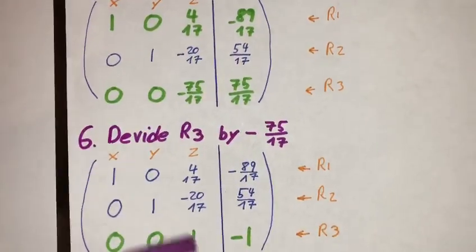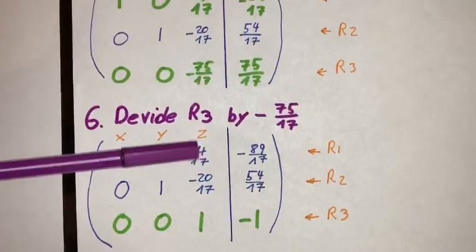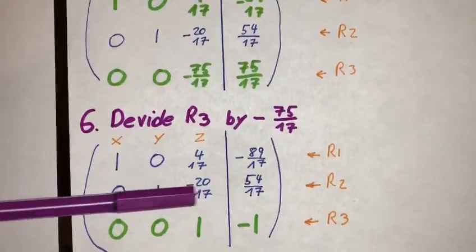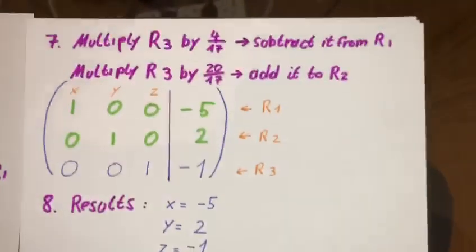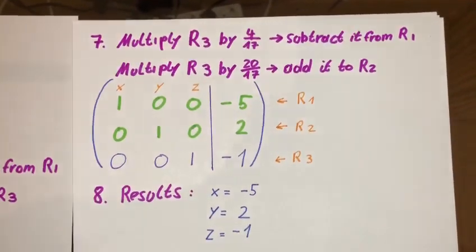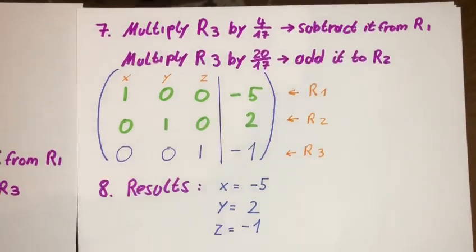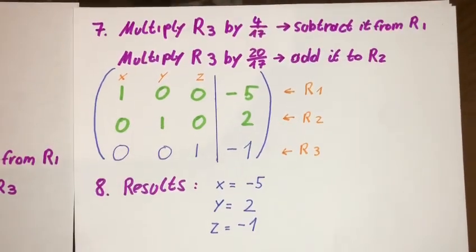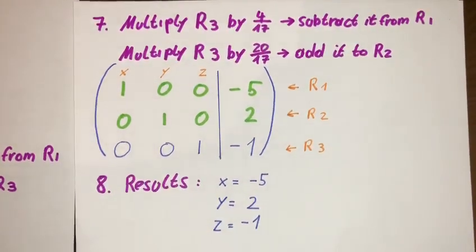The next thing we want to do is to have zeros on top of here and here. To do this, we simply have to multiply the third row by 4/17 and subtract it from the first row, and multiply the third row by 20/17 and add it to the second row.